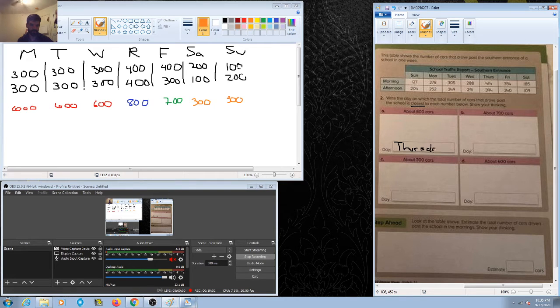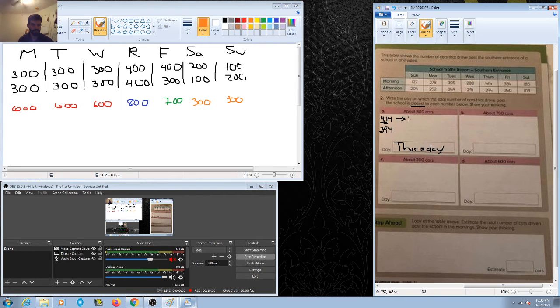So rounding to the nearest hundred, Thursday was 414 and 394. So we look at the 1 in question, go to the right.